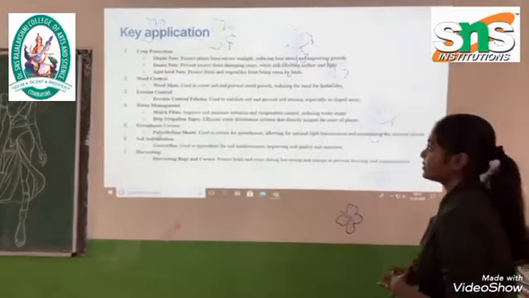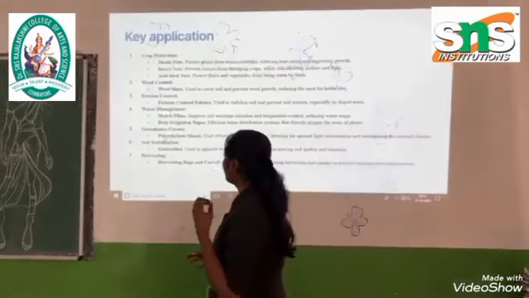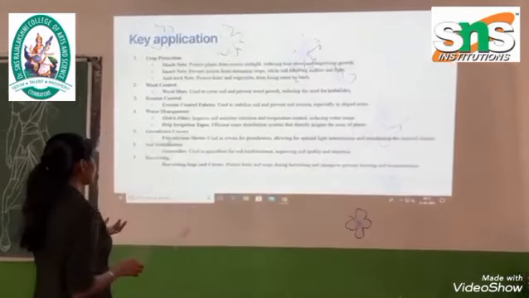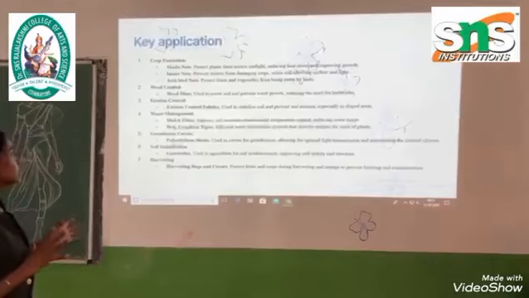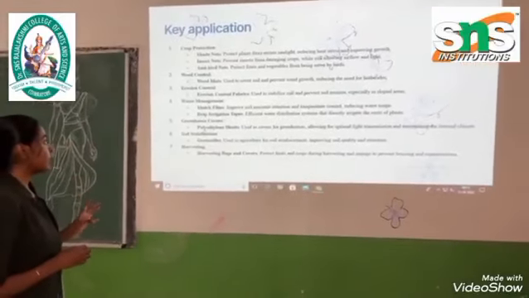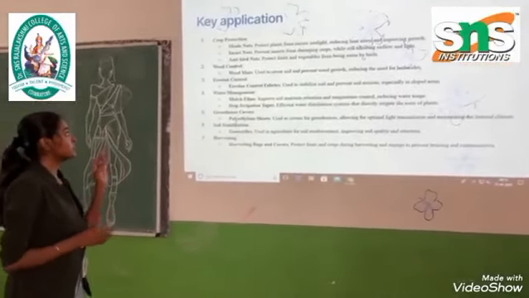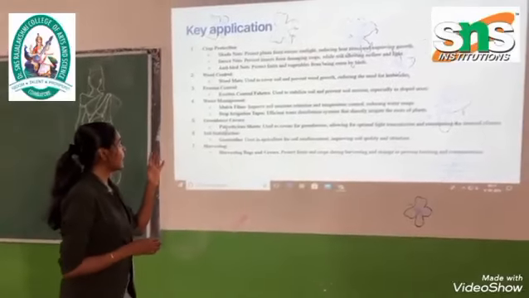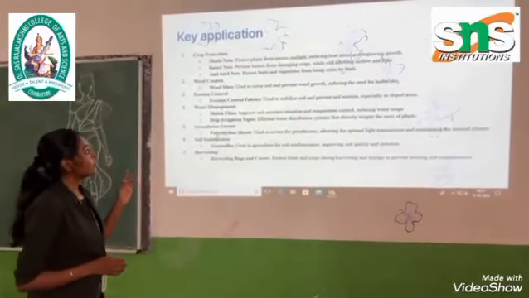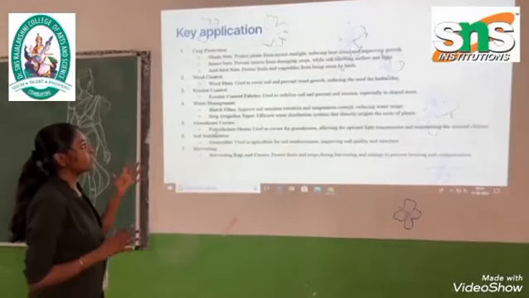The key applications of Agrotech are crop protection, weed control, erosion control, water management, greenhouse covers, soil stabilization and harvesting. In crop protection we have shade nets, insect nets and anti-bird nets.